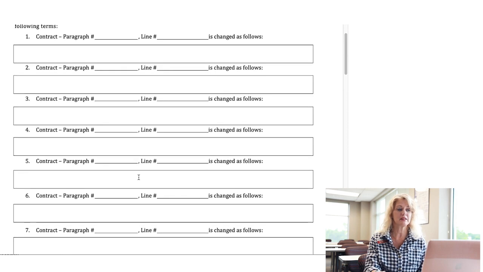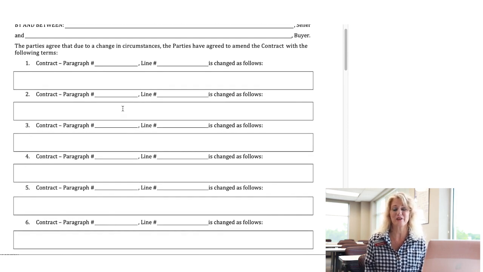Sometimes maybe there's an addendum being added to the contract, like we talked about the other day. Maybe the buyer needs to take possession prior to closing, and they've sought legal counsel, they've talked to their insurance agent, the sellers talked to their lender, everybody's in agreement and can move forward with that. Then you would identify that paragraph. It would be the one on page 11 where the addendums are listed.